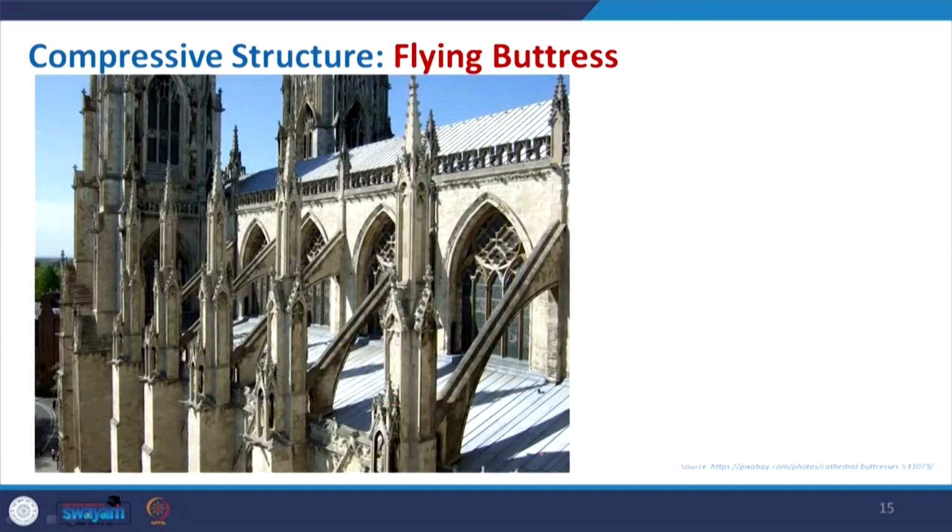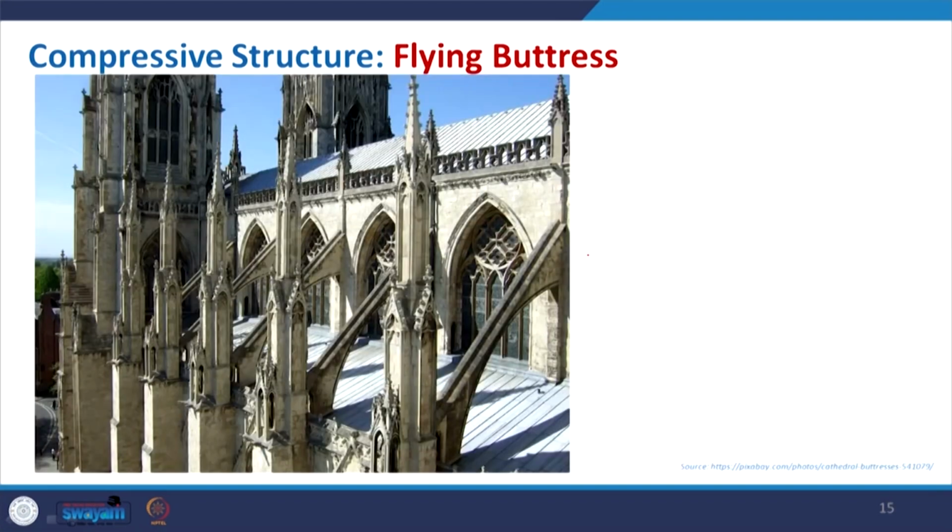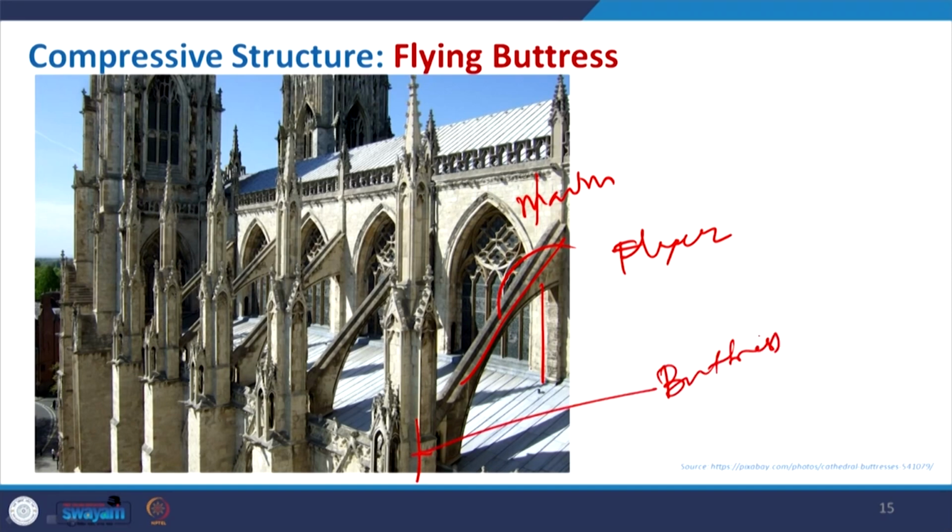Now, this is another example. Earlier it was just a symbolic one, but now you can see how it is made in this cathedral. This is the main structure, and then you have this flyer, and down below it is connected with the buttress. This is how it supports the building. Again, this is a very useful compressive structure.